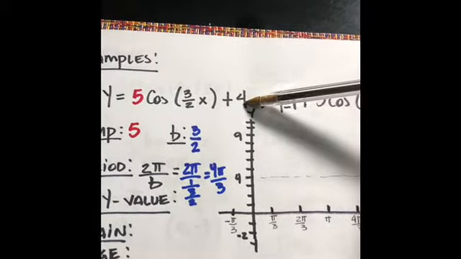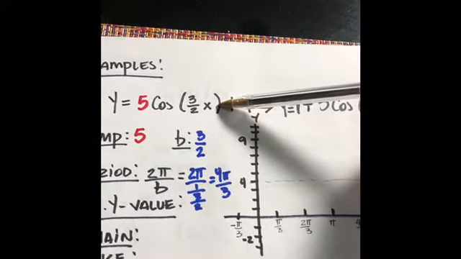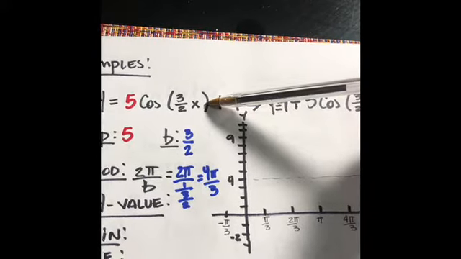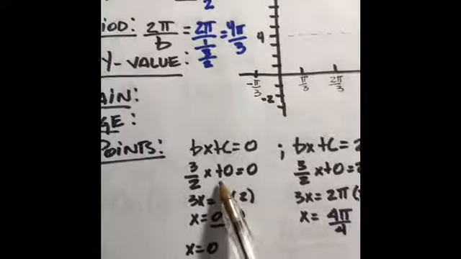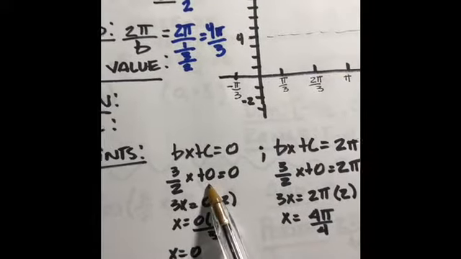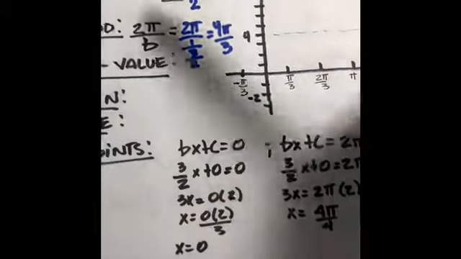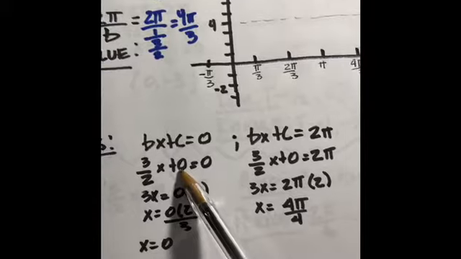The graph is shifted 4 units up, and since I don't have anything adding or subtracting to the x, the graph is not going to have a horizontal movement. So when I am getting the endpoints, this part that I am missing is a plus 0. There is no plus c here, so it is plus 0. I consider it as a plus 0, or just don't write it down.